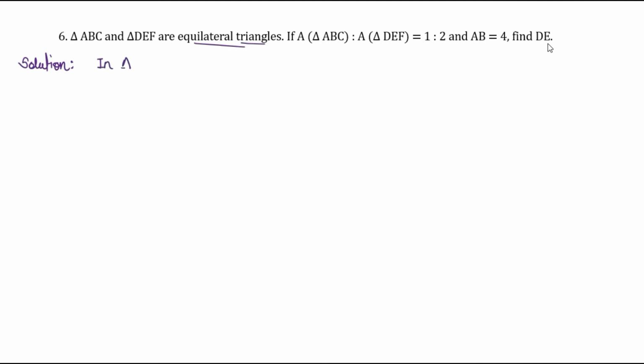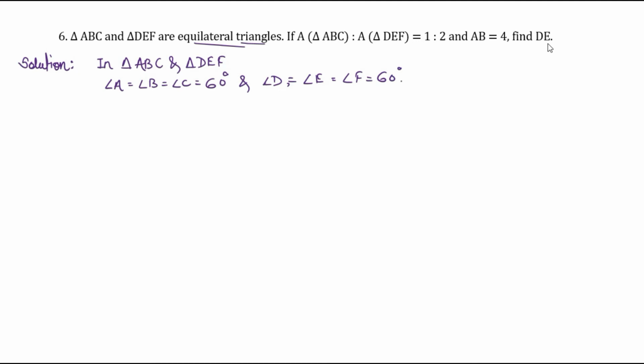So in triangle ABC and triangle DEF, angle A is equal to angle B is equal to angle C is equal to 60 degrees, and angle D is equal to angle E is equal to angle F is also 60 degrees.